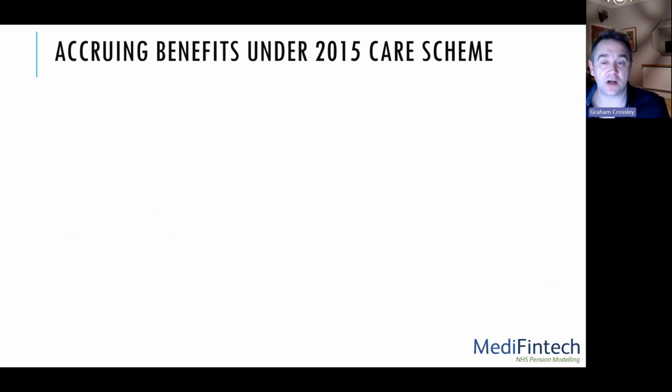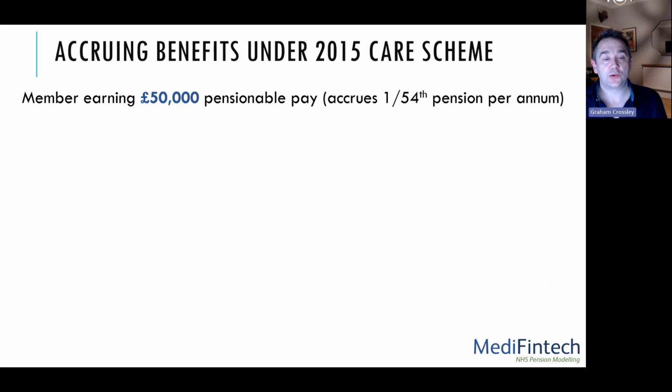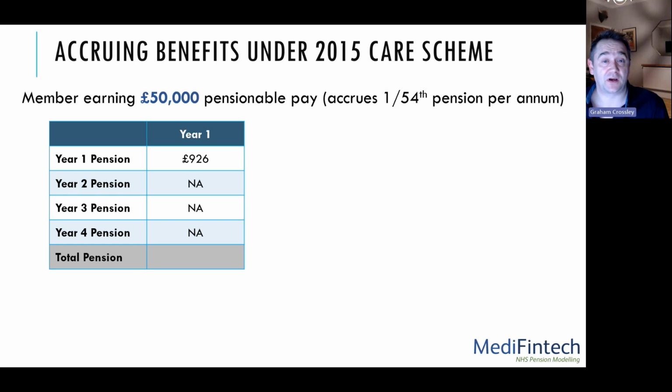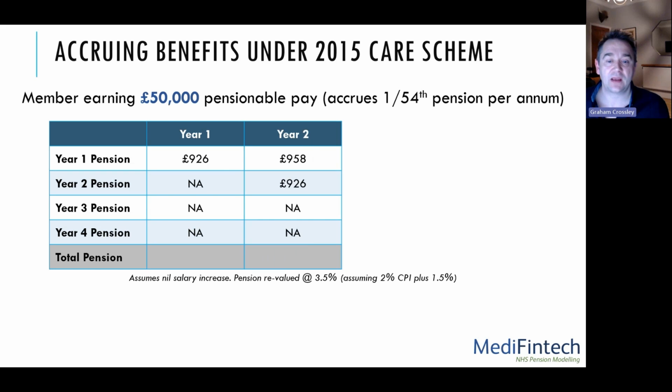So just to give you an example of how this accrues, let's say you were earning £50,000, you get a 54th of that as your entitlement. So year one, your pension entitlement that you've built up is £926. In year two, you build up another £926, and that first year's award has now been increased by CPI plus 1.5%.